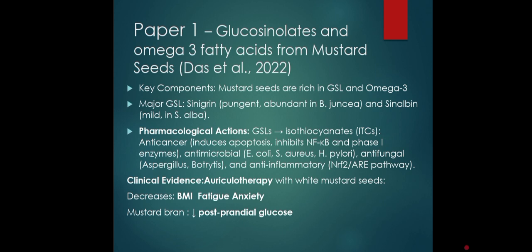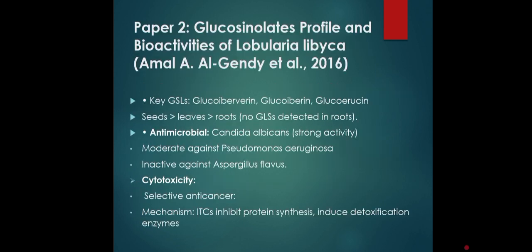Clinically, the paper mentioned the use of auriculotherapy with white mustard seeds, which was shown to reduce the body mass index, fatigue, and anxiety. Moreover, mustard bran was found to lower the postprandial glucose levels, showing potential for managing the metabolic disorders.